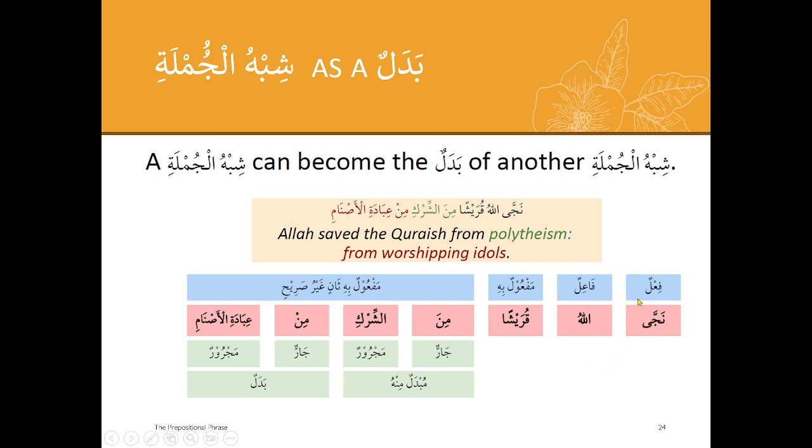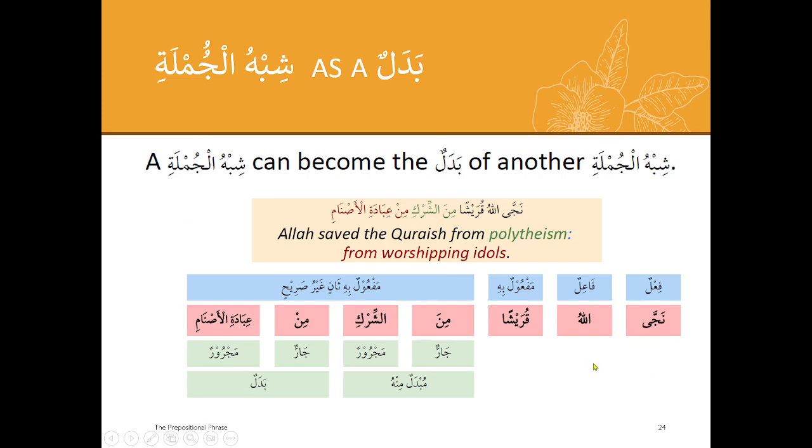So here we have the fi'l, the fa'il, the maf'ulun bihi, and then a second maf'ulun bihi. And here the second maf'ulun bihi is not directly connected to your fi'l, but it's talking more about in what way we save the Quraysh. Save is the first action.